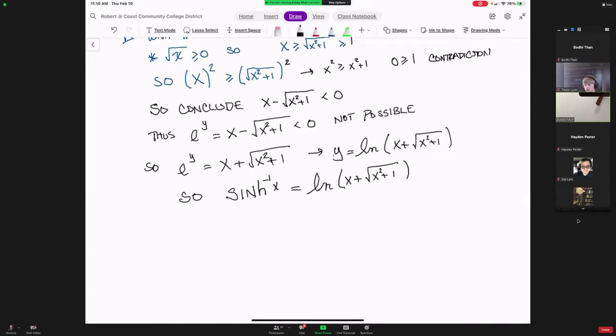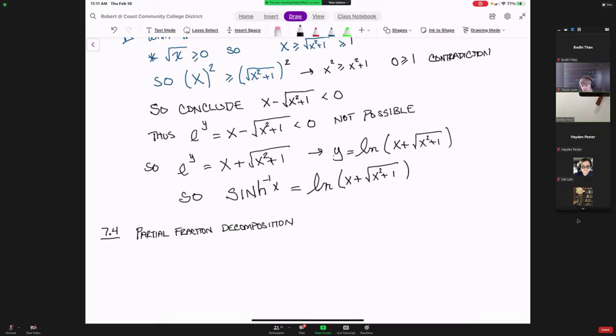So this is section 7.4, and it's partial fraction decomposition.